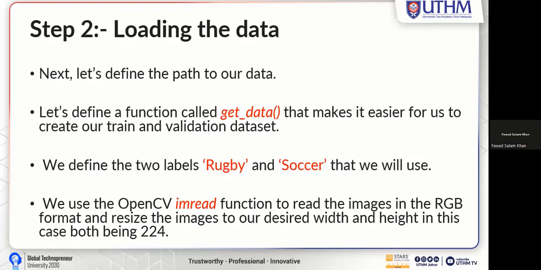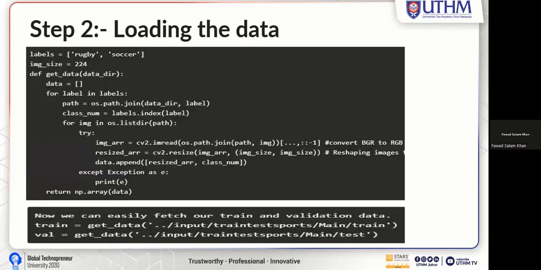We use the OpenCV imread function for the RGB format and resize the images to our desired width and height. In this case, the images are 224 by 224. This is the code for loading the data. I think I'll do a practical on this, and you'll easily understand what it is.